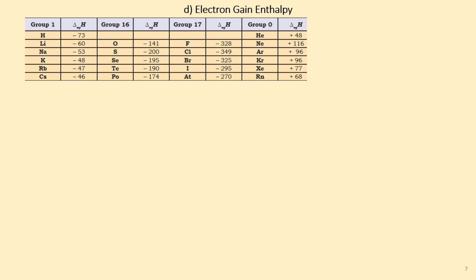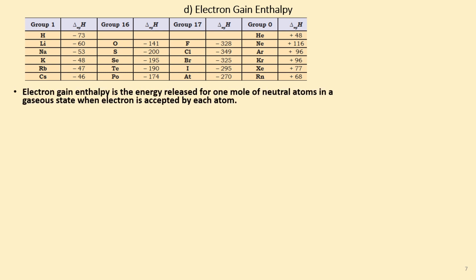Electron gain enthalpy. Electron gain enthalpy is the energy released when 1 mole of neutral atoms in a gaseous state accepts an electron, each atom gaining one electron.